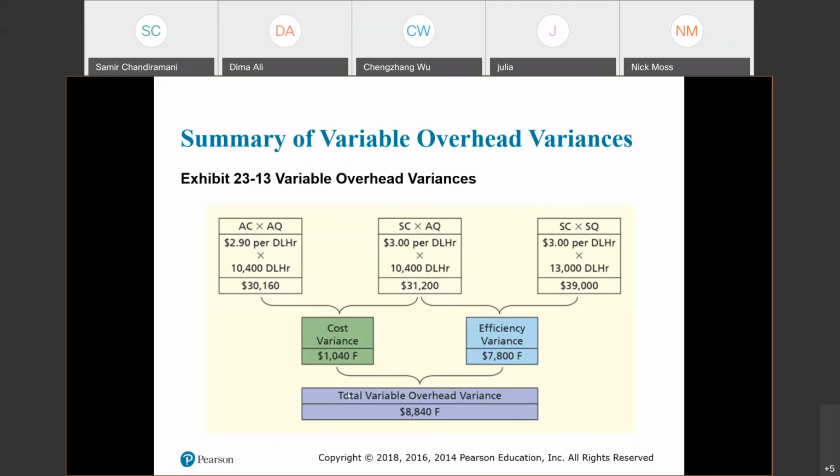And secondly, the workers made 52,000 batches of crayons in 10,400 hours instead of the budgeted 13,000 hours. Less hours means higher efficiency. That is a favorable efficiency variance.